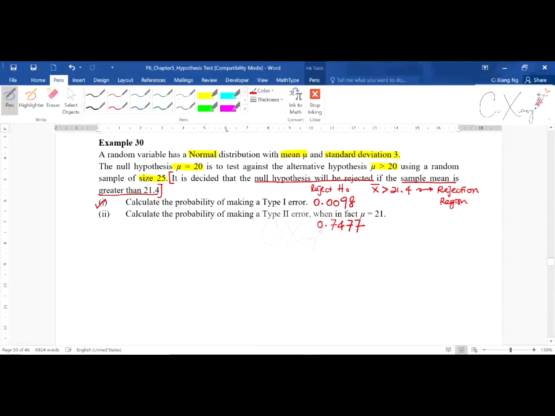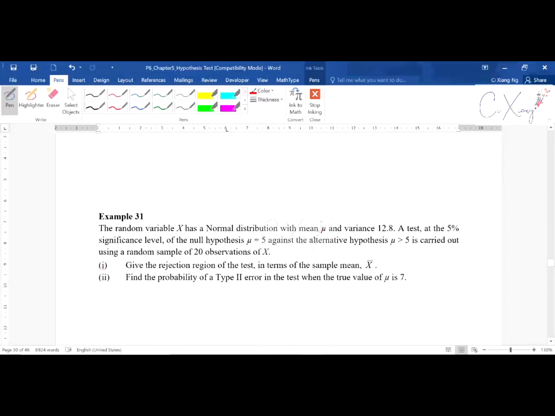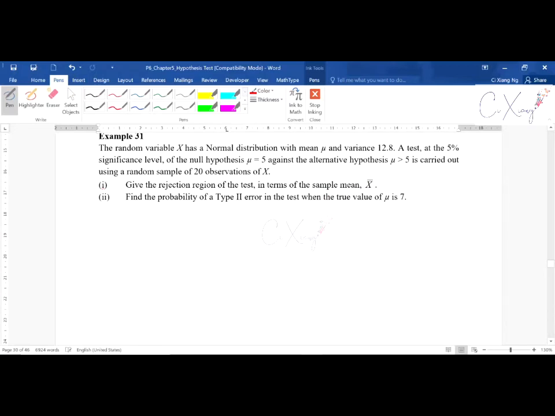I hope that you can try it out first, then check the answer later. So example 29 and example 30 are both examples where the question itself already gives you the rejection region. Now let us continue further with example 31.